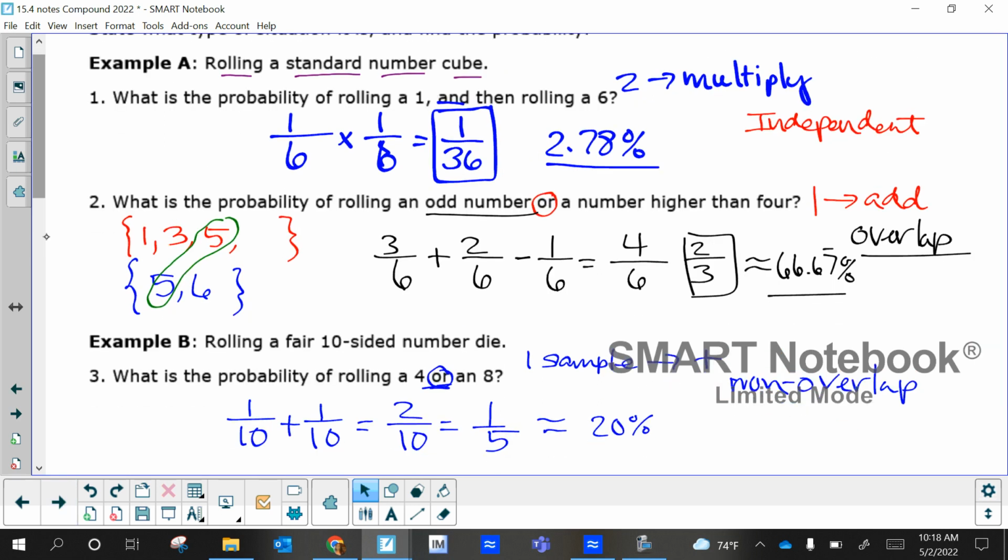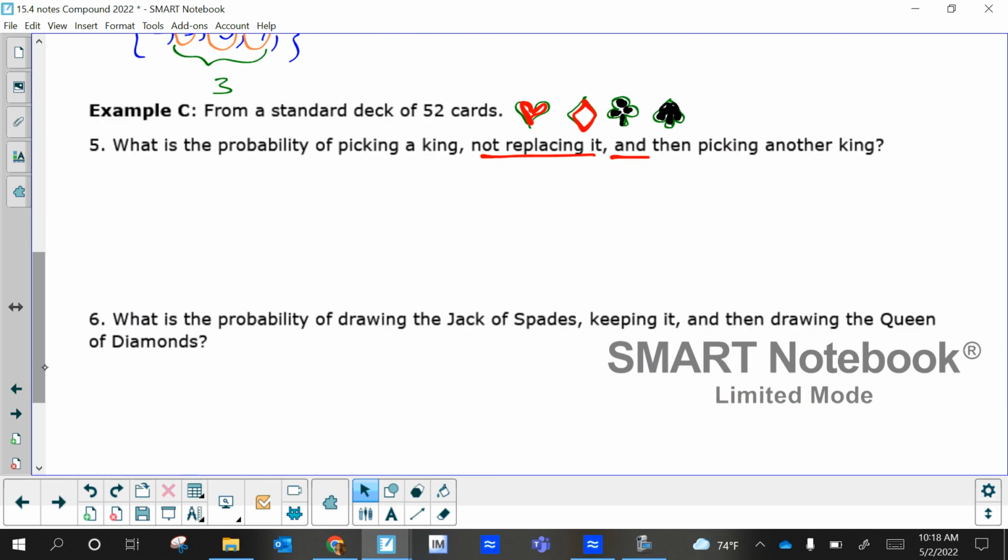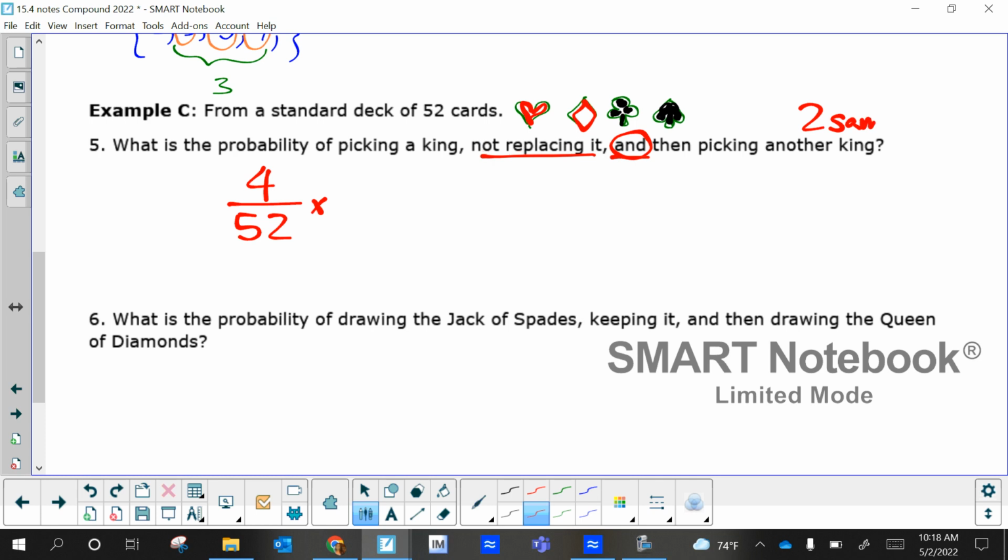So let's go back down to that. How many kings are there? There are 4 kings out of the 52 cards. And we're going to multiply because that's the formula it calls for. When we have 2 or more samples, that means we multiply. Now I'm not replacing it, so I'm keeping it.